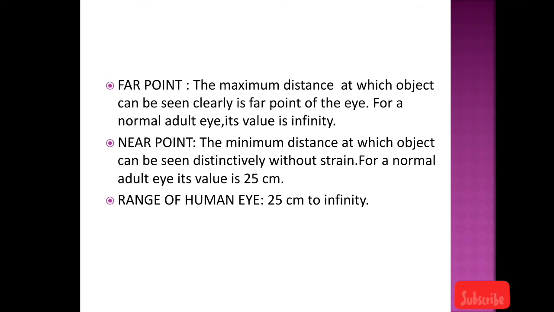The near point is the minimum distance at which an object can be seen distinctly without strain. And for a normal adult eye, its value is 25 centimeters. So we can say that the range of the human eye is from 25 centimeters to infinity.